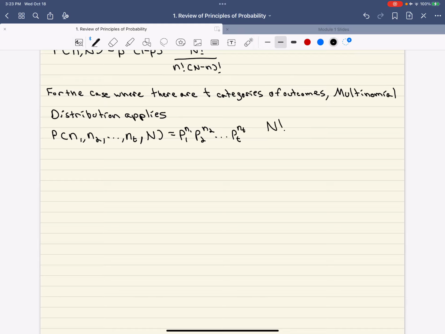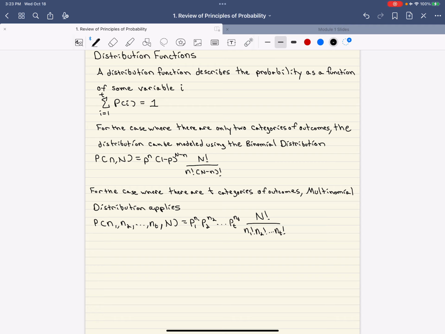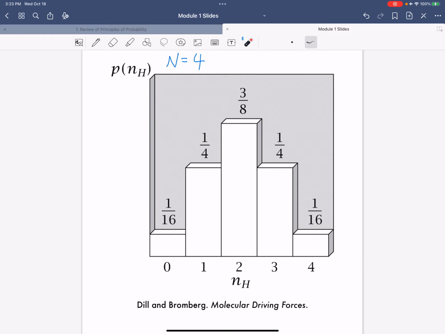And then we have our multinomial coefficient, with n1, n2, ... nt. Here, for our distribution functions, we're considering the case where we're calculating discrete values, where i is equal to 0, 1, 2, 3, or 4.